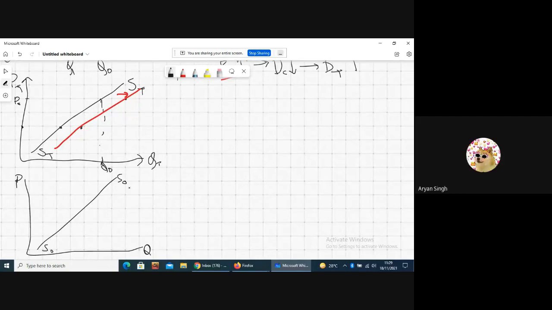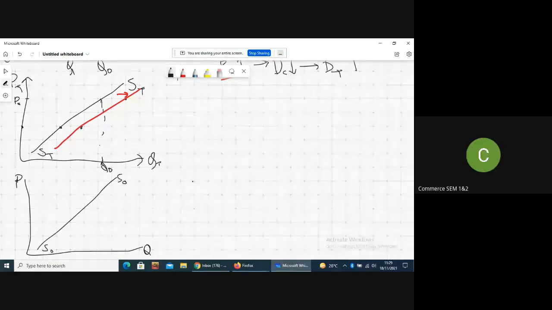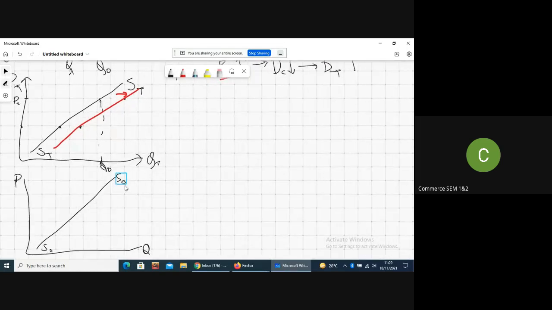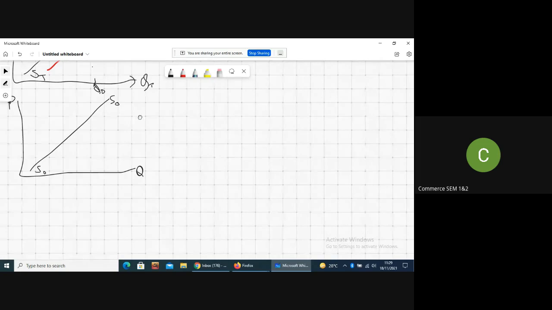Sir, the demand of the new product will automatically increase. Here we are talking about the supply curve, not the demand curve. Supply will increase. Why? Sir, if the technology improves, then it will be easy to produce such goods, and this will help to supply more products.